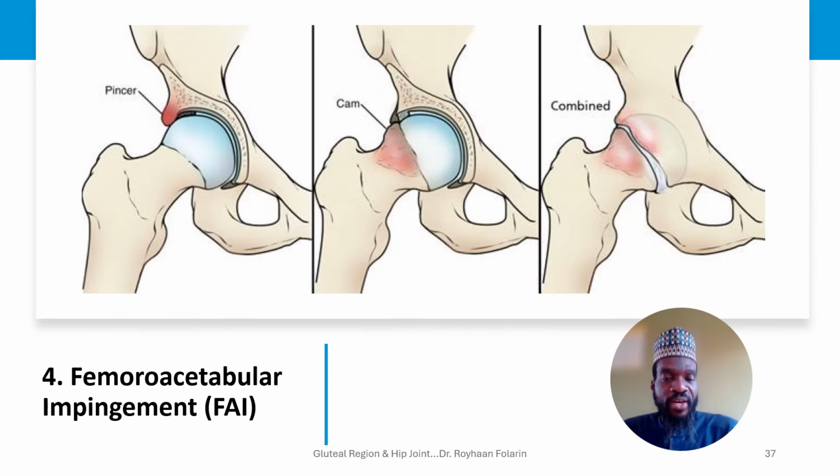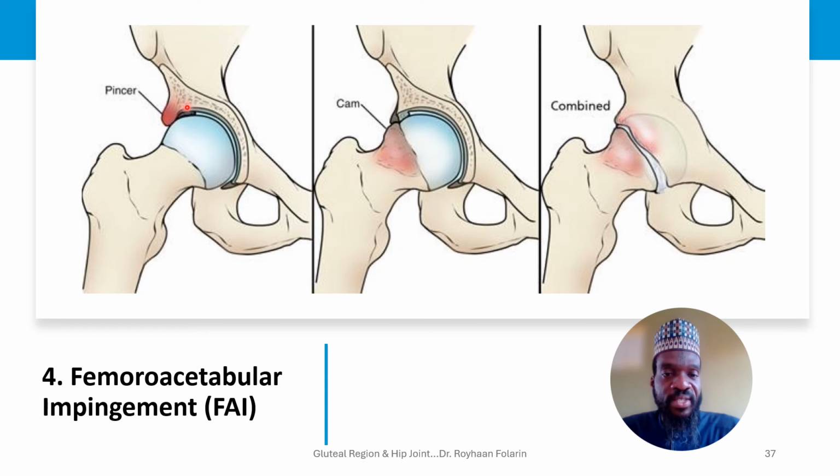We also have FAI, that's femoroacetabular impingement, which comes in different types. You could have the pincer type, or the cam type, or the combined type. The pincer type is characterized by excessive coverage of the femoral head by the acetabulum, such as the pincer that you find forming here. This often leads to a labral tear and damage to the cartilage.